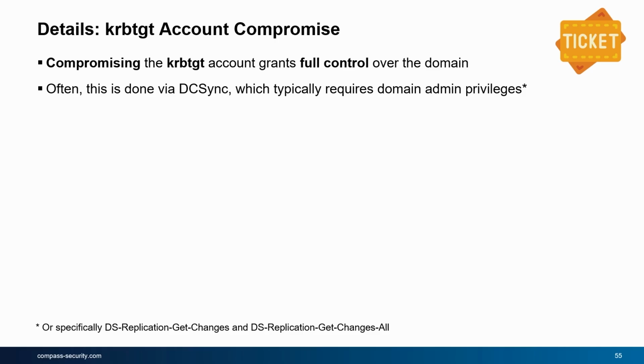So most likely this happens via a so-called DC-sync attack, which typically requires privileges equivalent to a domain administrator or a domain controller, or some specific privileges that are sometimes set for an Active Directory sync account. So when you synchronize your users to Entra ID, for example, you might have other accounts in your environment that can perform a DC sync attack.